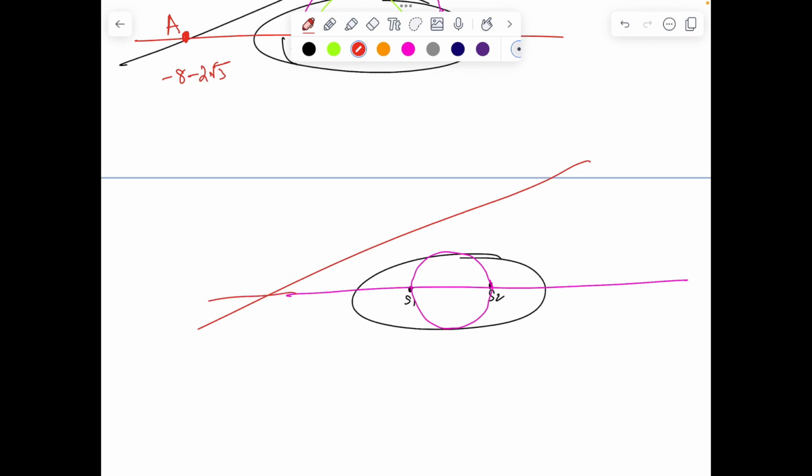So let's consider the family of circles which pass through S1 and S2. I'll justify why this idea came all of a sudden, why we went to a family out of nowhere. So how many circles can we make pass through this? Of course infinitely many, right?